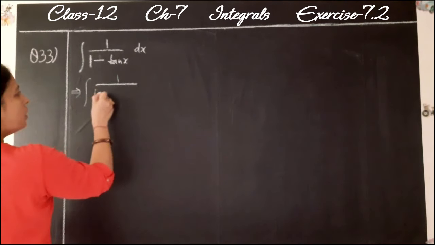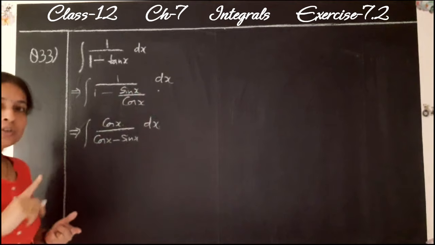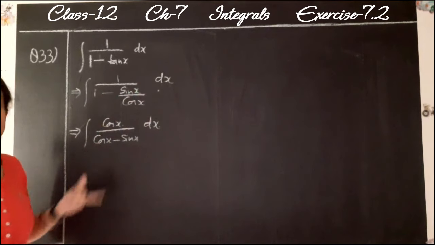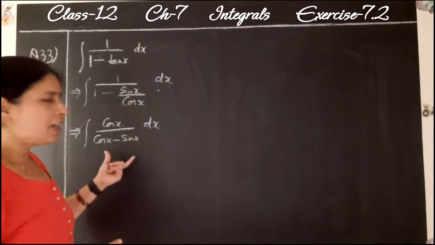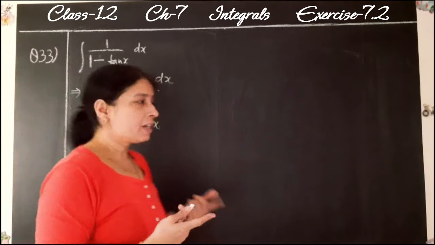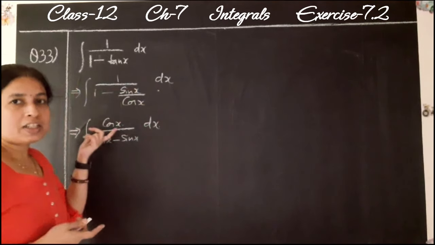Then here it will be cos x minus sin x, and this cos x will go here. So it will become cos x dx. And we know that the derivative of cos x is minus sin x and the derivative of sin x is cos x. But here only cos x is given.